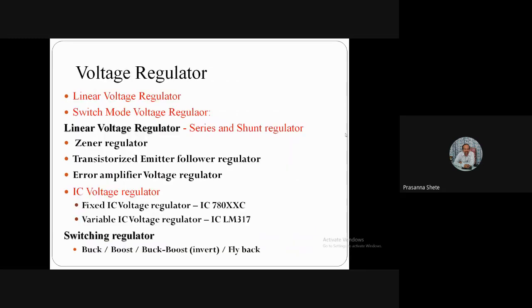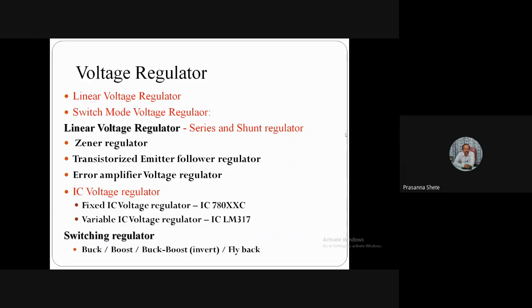We are going to study the different linear voltage regulators and switch mode voltage regulators. In linear voltage regulators, we have seen series and shunt regulators, as in the previous slide. In this linear voltage regulator, we have many types of regulators like the Zener voltage regulator, the transistorized emitter follower regulator, the error amplifier voltage regulator, then the IC voltage regulator.